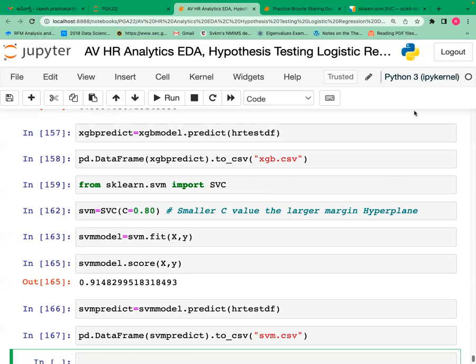Any other data set is there? Just check any other data set is there in that LMS, because you have to complete those also.